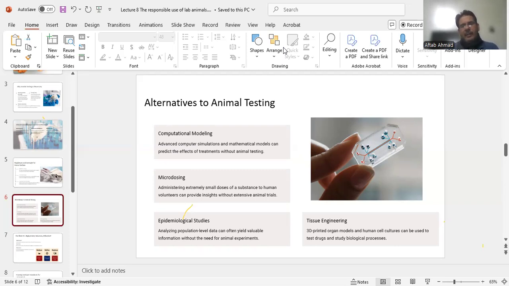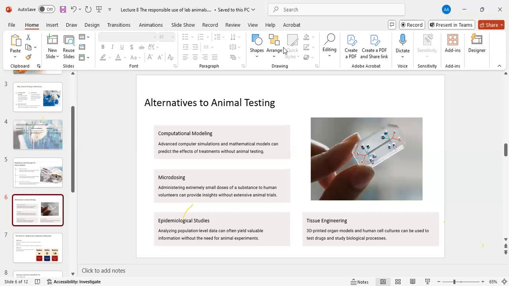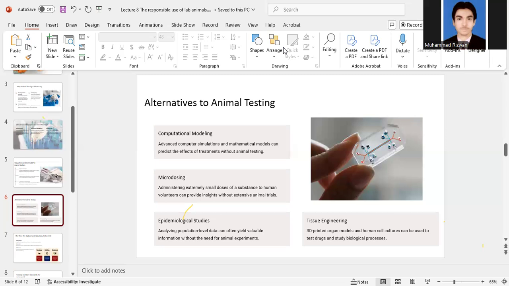So this is a very good approach, tissue engineering, and this is the latest approach. I'm sure you must be familiar with this kind of research, and for that we also need all the regulatory requirements. We should follow the regulations, and we should follow GLP.